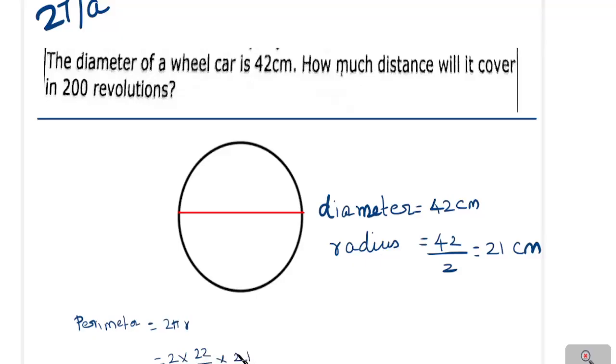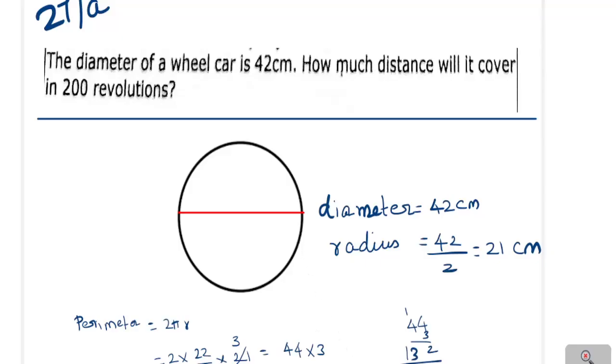Cancelling, the result is 44 into 3, which is 132. So 132 centimeters in a single revolution.